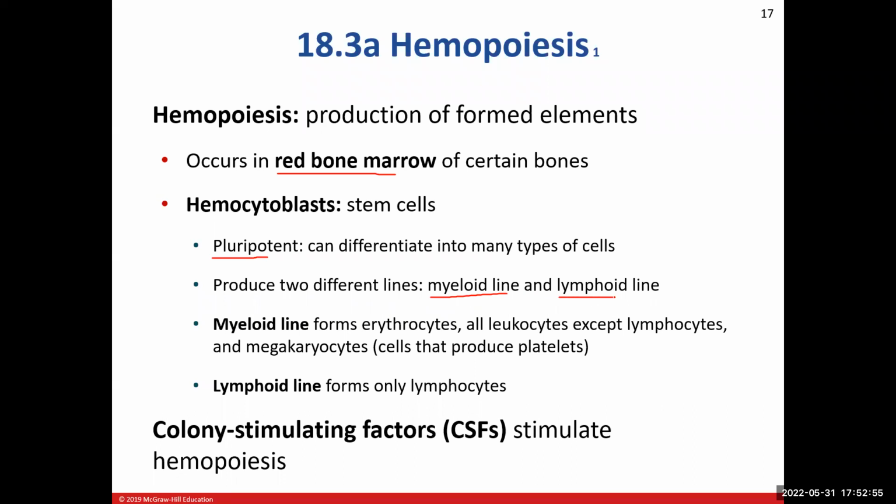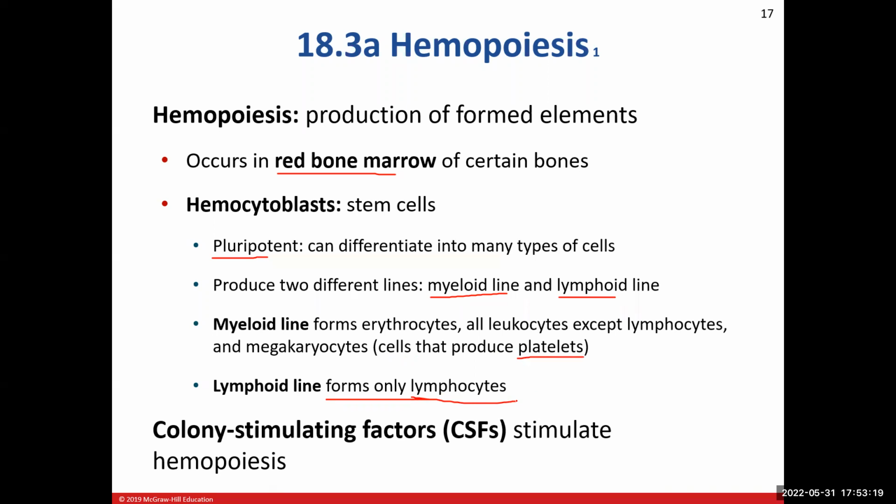Our myeloid line is going to be our red blood cells, all of our white blood cells except for the lymphocytes, and the megakaryocytes. And our megakaryocytes, you should be thinking platelets. And then our lymphoid line is going to be only lymphocytes. So how am I ever going to remember that?